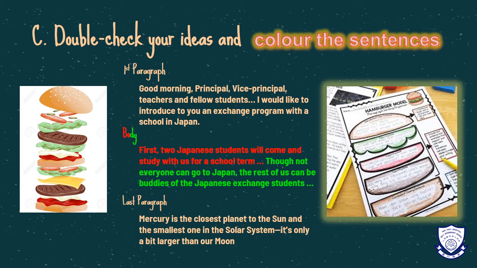Or just like the slide right in front of you. You see the second paragraph, that is a body. Different sentences are painted with different colors. I hope you can color or paint your work before you hand it in.